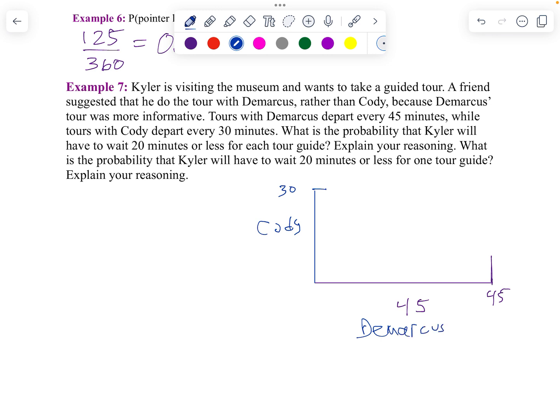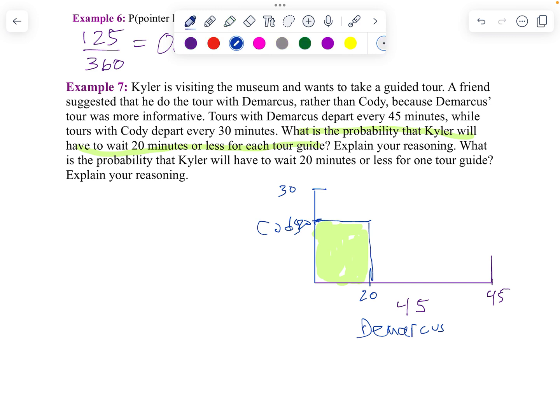Now I'm going to start with my first question: what's the probability that Kyler will have to wait 20 minutes or less for the guided tour? Now, 20 minutes for DeMarcus, I'll put that right here. Here's my 20 for Cody. So I can represent that as a rectangle. In other words, it's an area model. I'm going to find the probability that it'll be in this rectangle out of the big rectangle.